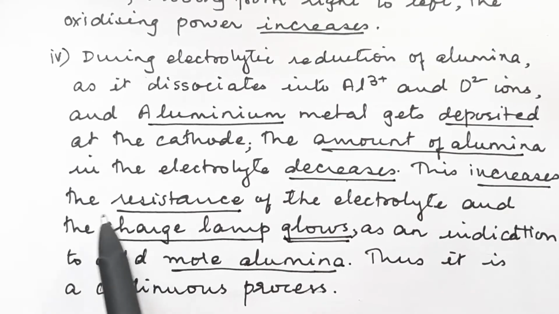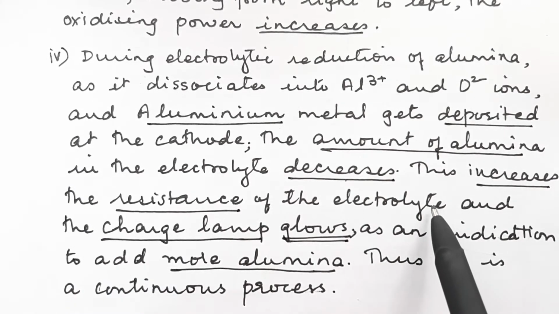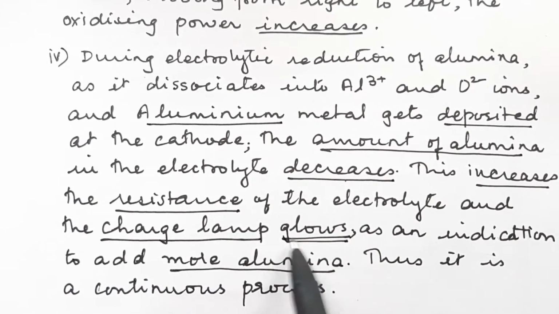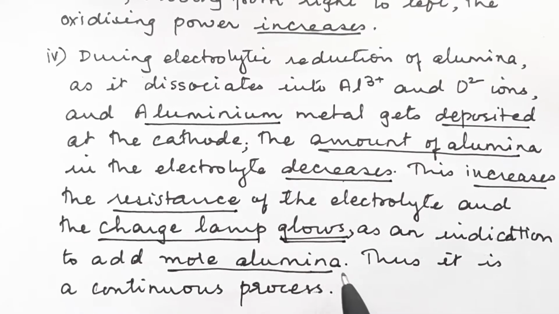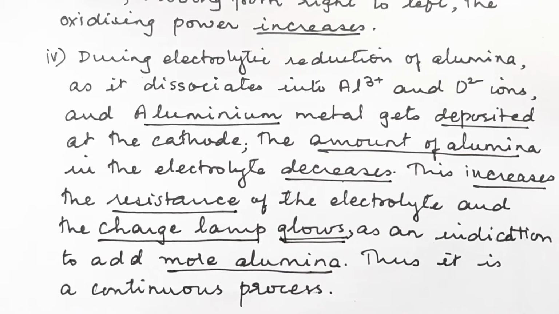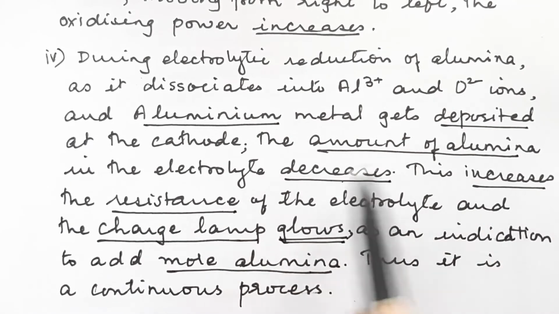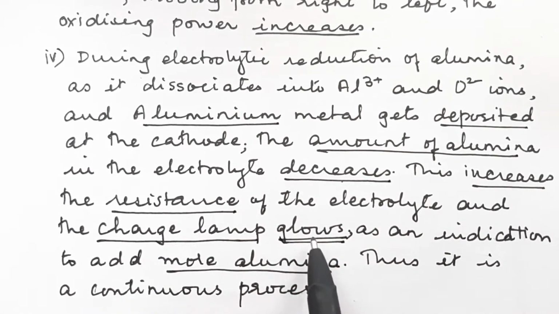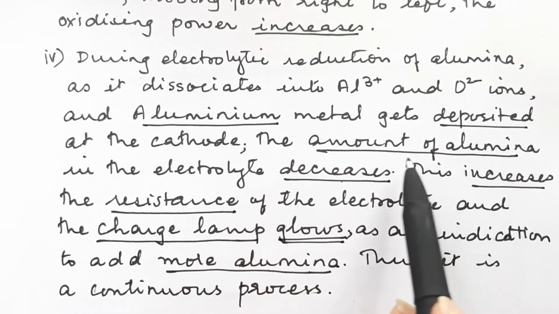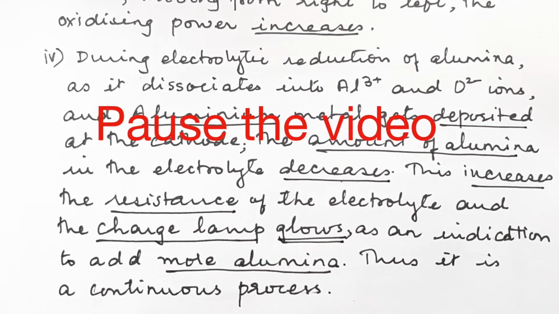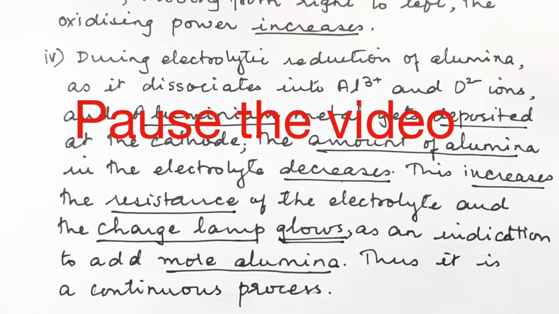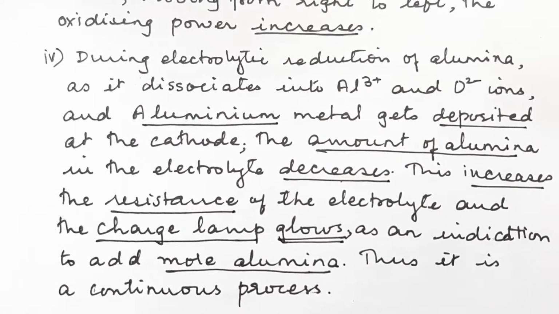This increases the resistance of the electrolyte and the charge lamp glows as an indication to add more alumina. So as we add more alumina, again the same process repeats and again the charge lamp glows. So you saw the keywords that I've underlined. Thus it is a continuous process. Now put this video on pause, write it down, underline the keywords and learn the keywords.